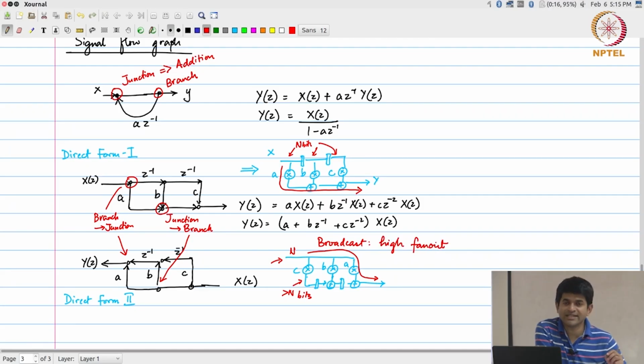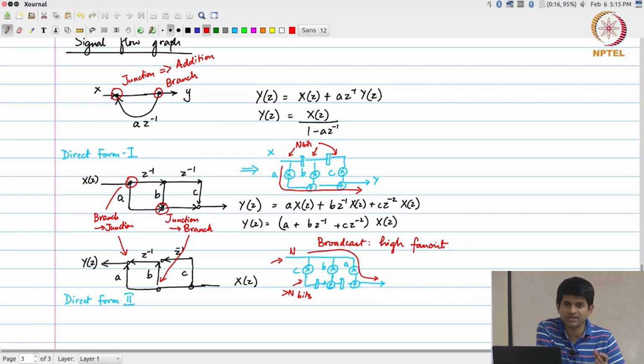So x needs to be broadcast, meaning that at the same time it has to be sent to multiple different multipliers, a, b and c, and that could either result in a high fan out, therefore high capacitance, therefore high delay, or it could result in accessing a particular memory location multiple times. Either one of them could potentially be a problem.